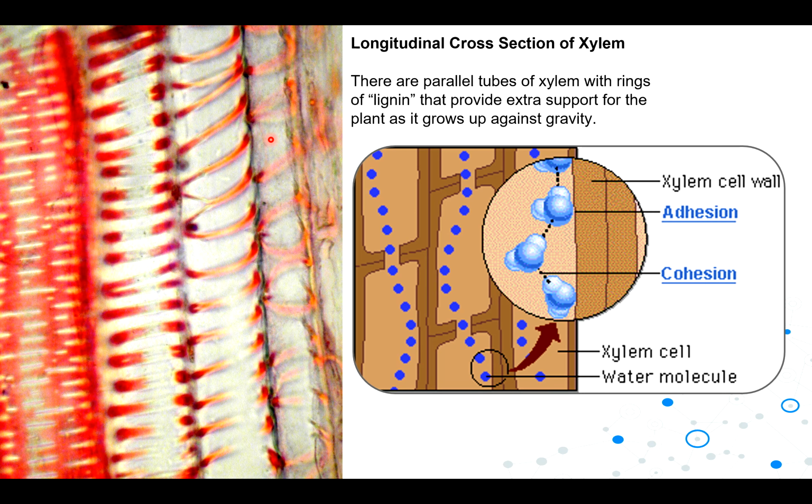like you can see here. So on the top, what is happening? Water is getting evaporated, and it is replaced by water from within the cell, because the adjacent cell is giving water. So more water molecules move from the xylem into the leaf cell, creating a tension.